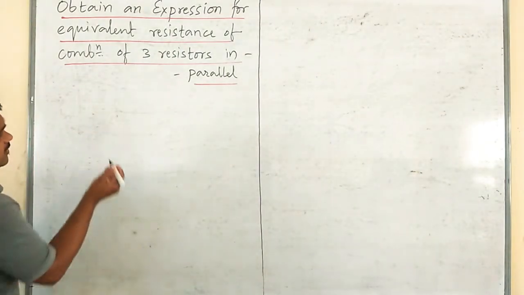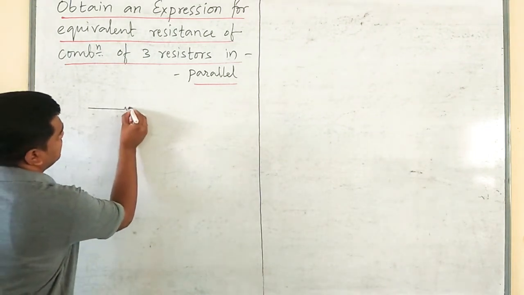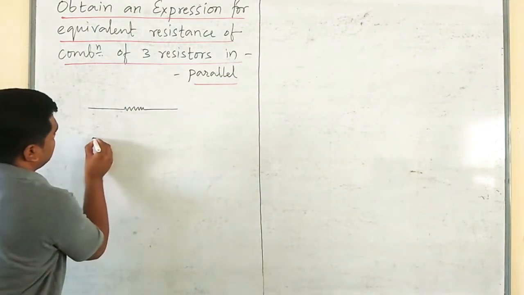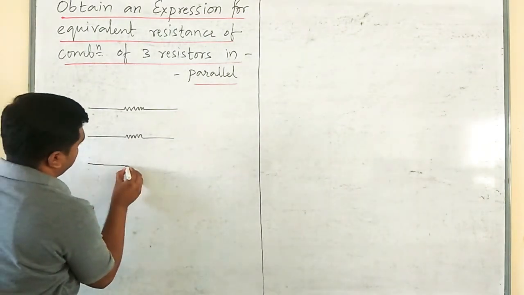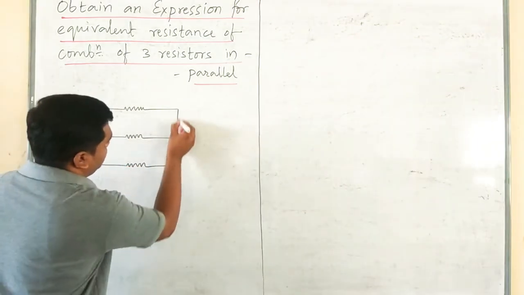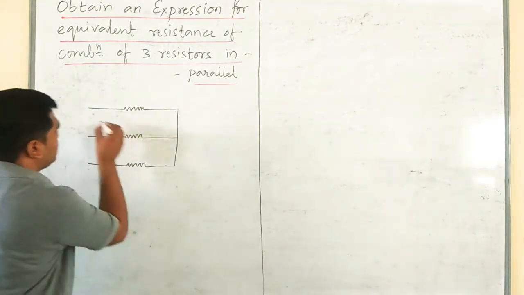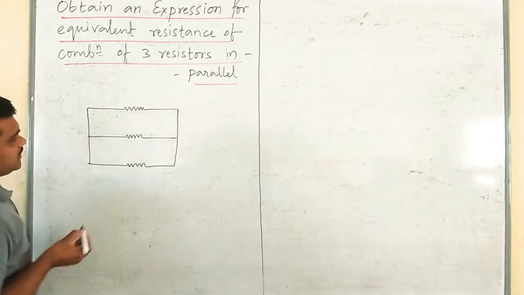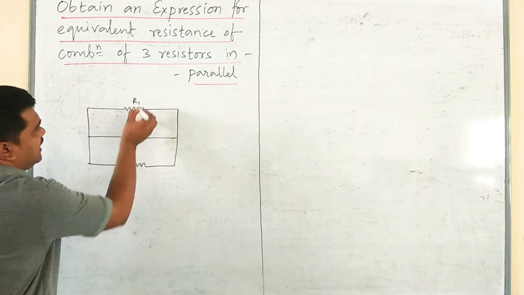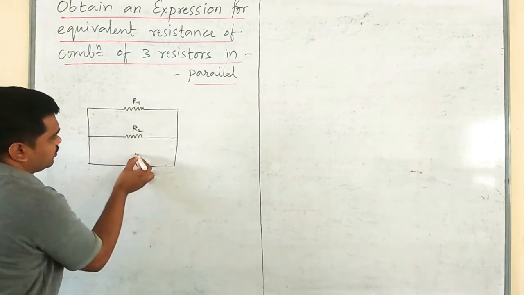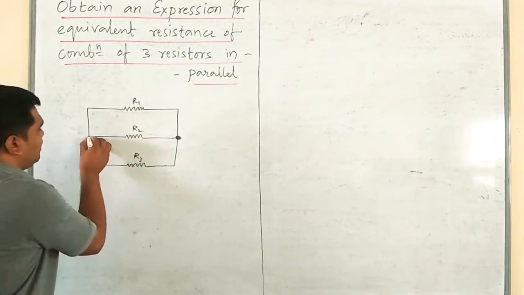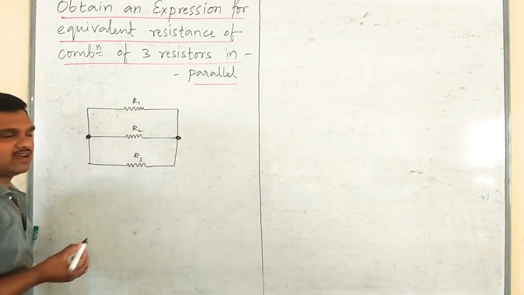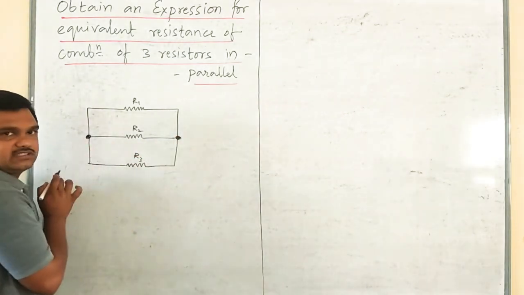As the question itself indicates, let us consider three resistors. Let us name them R1, R2 and R3. Take a look here. All these R1, R2 and R3 are connected between these two common points.